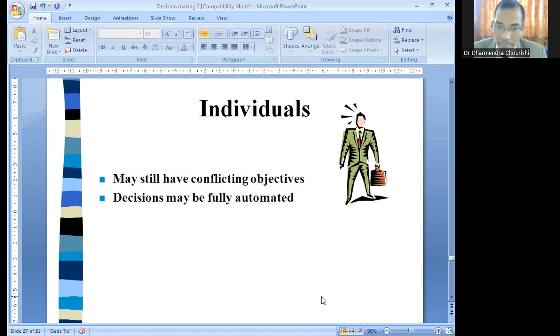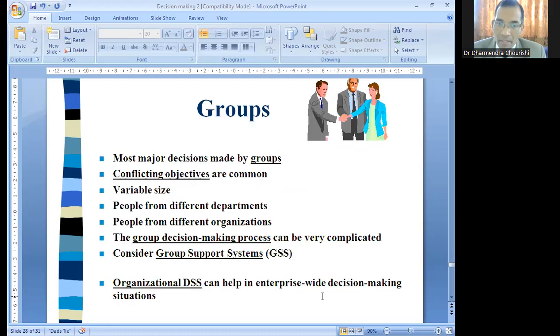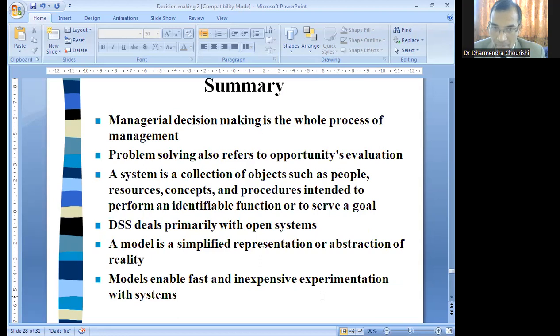It could be automated. In a group, most major decisions are made by the group, with common objectives. People may come from different departments and organizations, as we know, right? Organizational DSS can help in enterprise-wide decision-making situations.